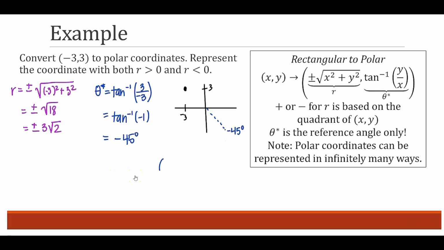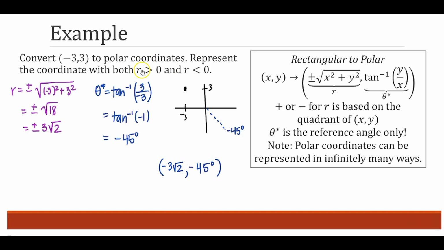If I am going to use -45 degrees, or -pi/4, then instead of using a positive directed distance, because that would take me down here to quadrant 4, I have to use the negative directed distance because I want to navigate myself up here to quadrant 2. So I have to have -3 radical 2 as my polar coordinate, and that's with r less than 0.